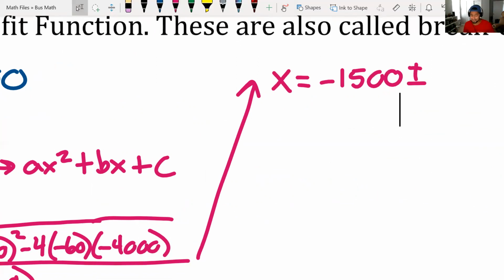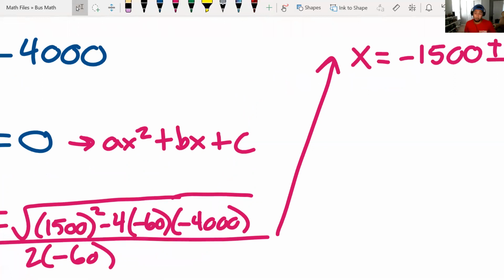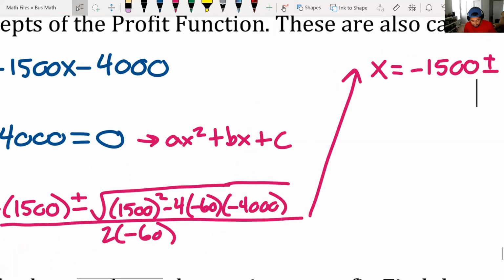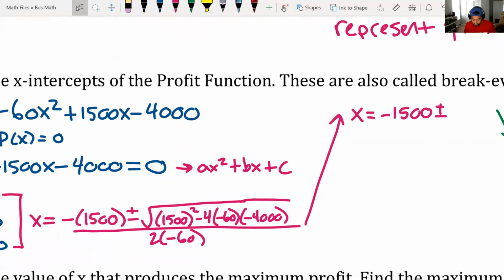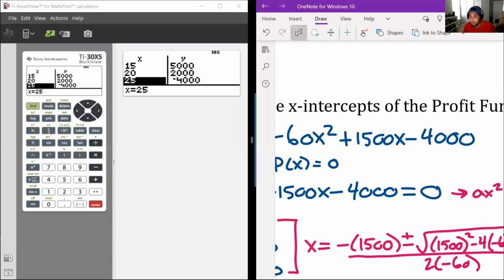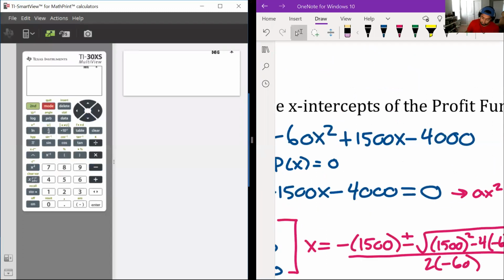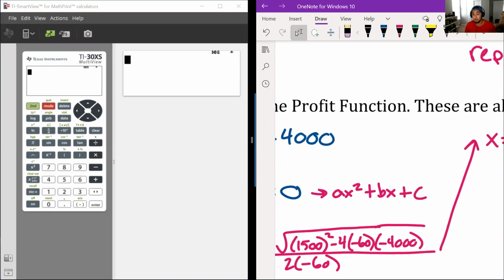And of course, I like to save time because this is probably a really long video now. So negative 1500 plus or minus, what I'm gonna do is all of the square root work. Get ready, calculator. Just the square root though, just that part.